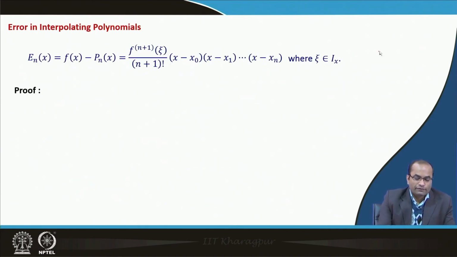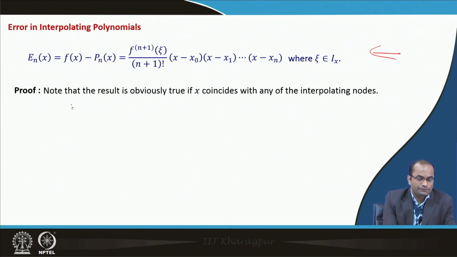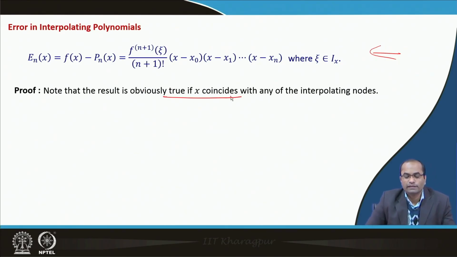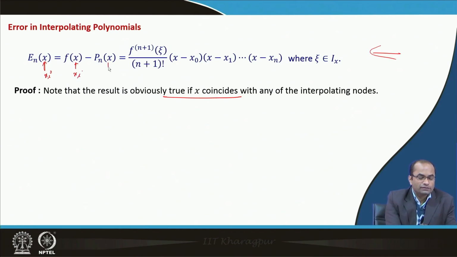So, we now want to derive how to get this formula for the error. We will just go for an outline of the proof. The result is obviously true when x coincides with any of the interpolating nodes. Why? If x coincides with xi, then we have f xi here, and the polynomial naturally passes through all these points f xi, so this difference will be 0.